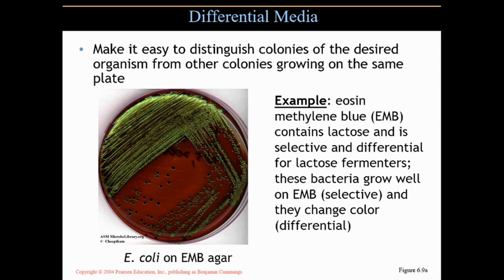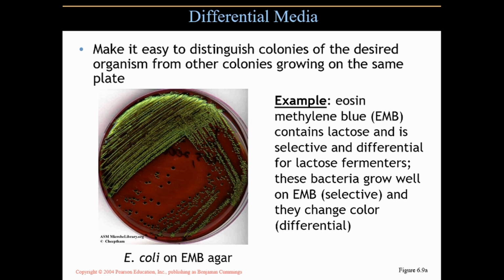It contains lactose, which is perfect for E. coli because E. coli ferments lactose, and it's selective in that way, and it's differential in that the E. coli, when it grows on the EMB agar, which is naturally a maroon color, when the E. coli grow on it, the bacteria thrive. They produce a compound that actually causes them to turn this metallic green color. No other bacterium will do that, will turn that green color on EMB.